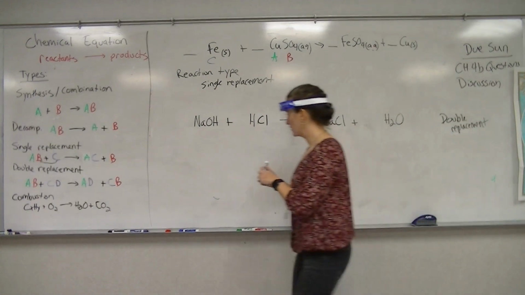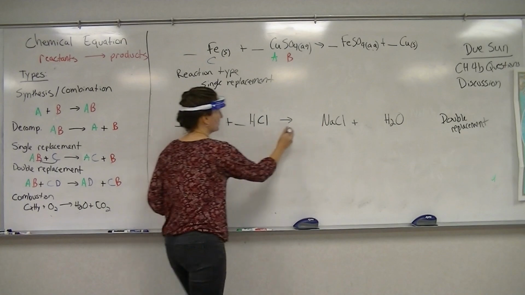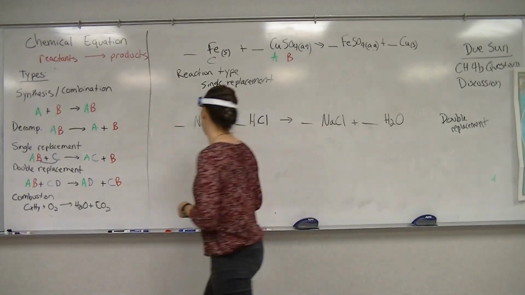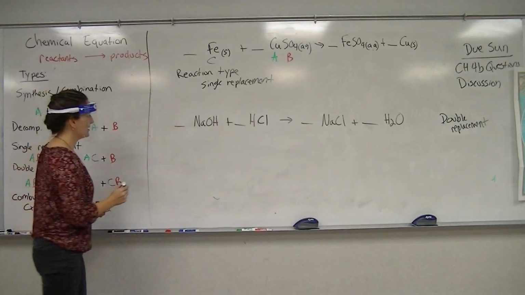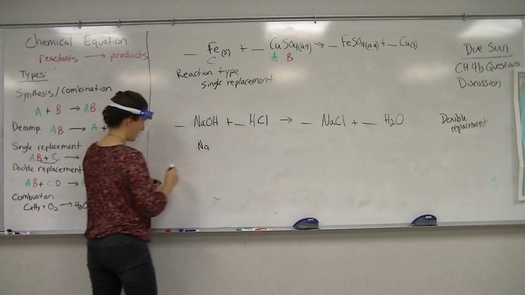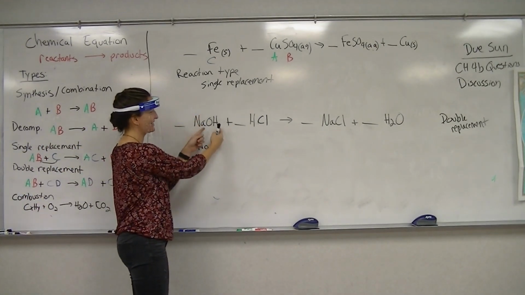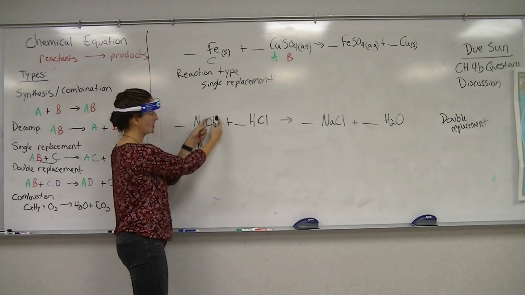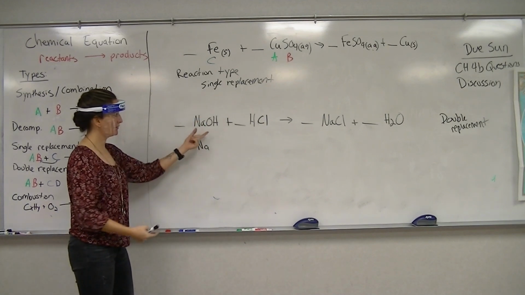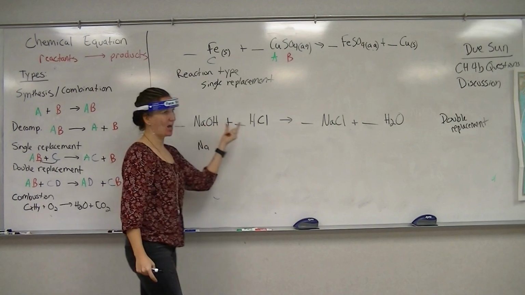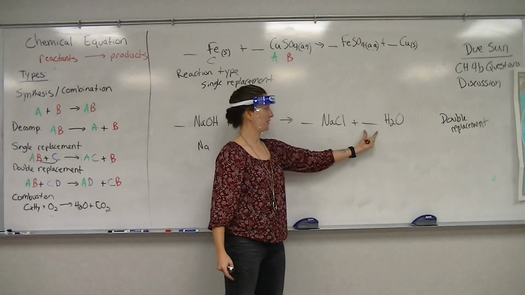All right, so let's balance it. I don't think this one is balanced yet, so we can actually do that. And I said before, if you have a polyatomic, as long as it stays the same, you can keep it together. This is OH, a hydroxide ion, but notice it's not staying together on the product side.